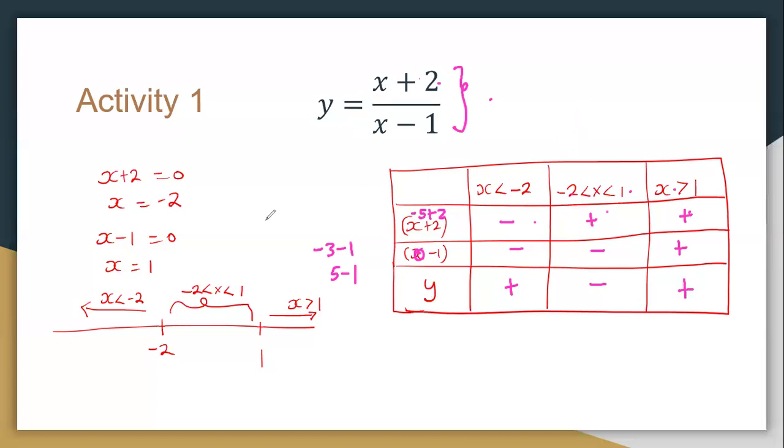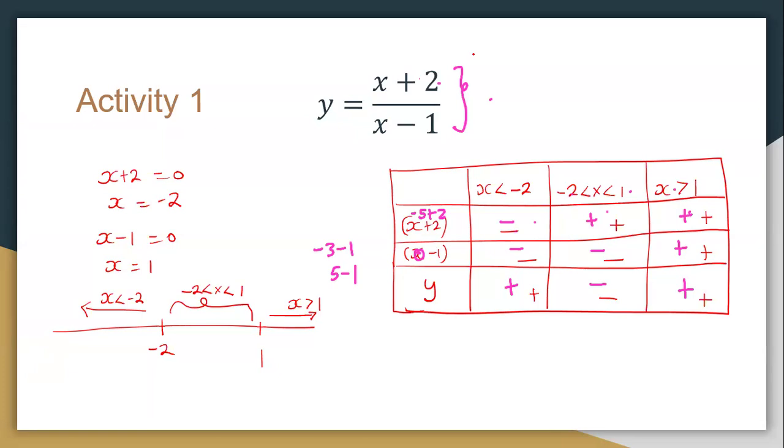Now, this is how your table will look like. That here you have a negative, you have a positive, negative, negative, positive, positive, negative, and then positive. So that means that when you draw your curve, you come up with this kind of sketch.